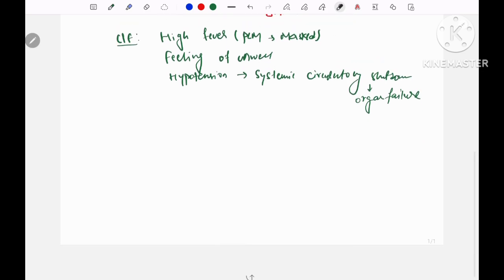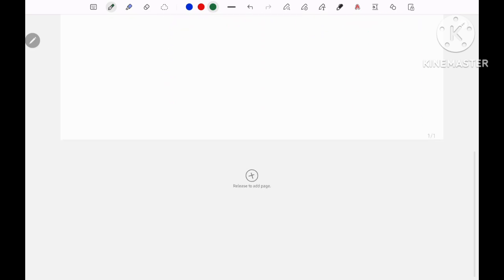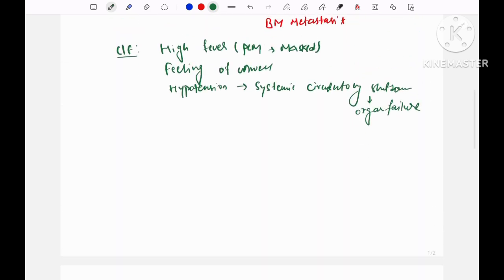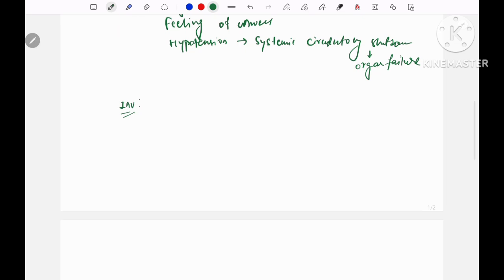Now we'll learn about the different investigations which we have to send. As we normally do, we send a complete blood count.